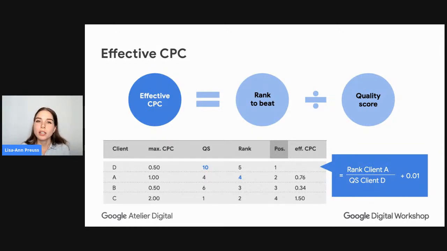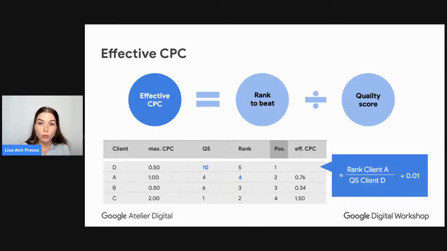Now, we've sorted this according to the ad position. Client D was on position 1, client A on position 2, client B on position 3, and client C on position 4. Now, to calculate the effective CPC, what we do is we take the rank to beat of that advertiser one beneath ourselves and divide it by our own quality score.